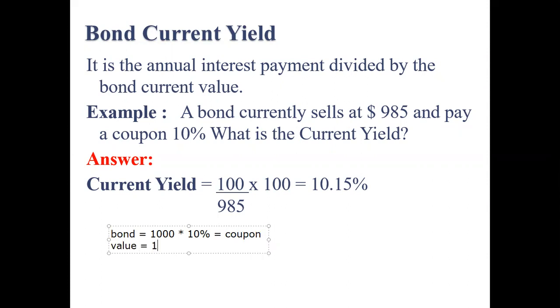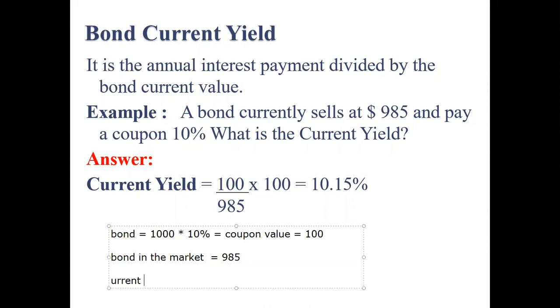Perfect. This is the coupon value, and I know the bond in the market will be sold for 985. So I need to compare with the current yield. What is the current yield?